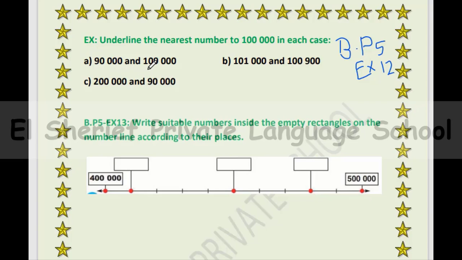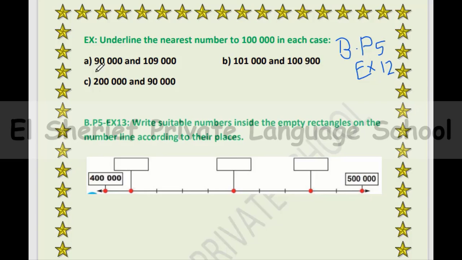90,000 and 109,000. Where is the nearest? We look at the difference between the first number and 100,000 and the second number and 100,000. Here, to get 100,000 from 90,000, we must add 10,000.